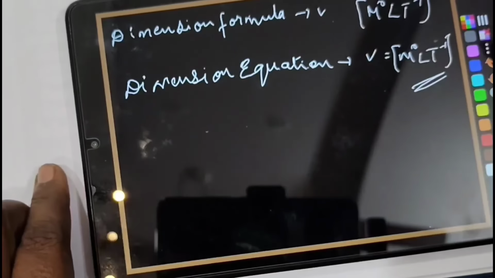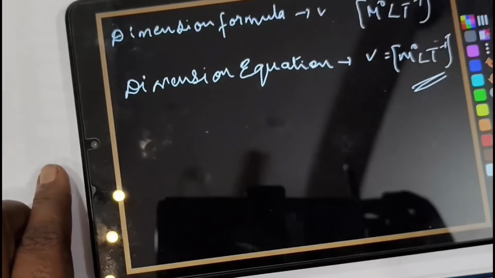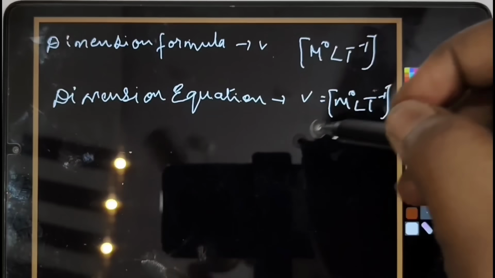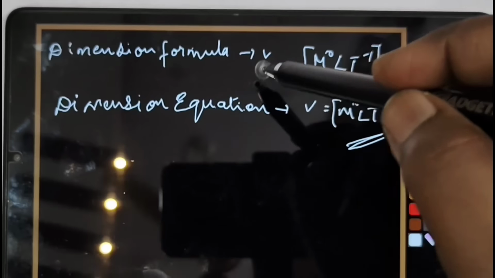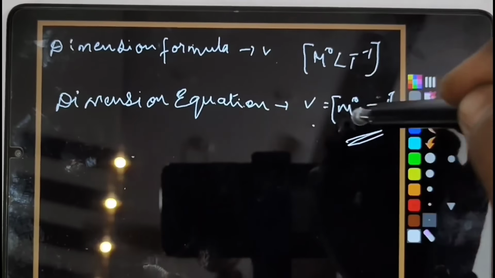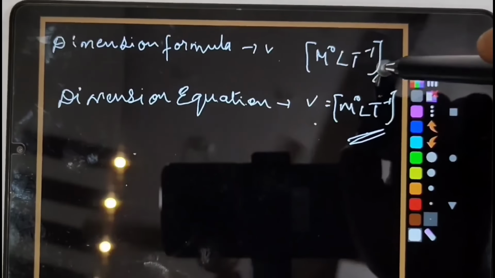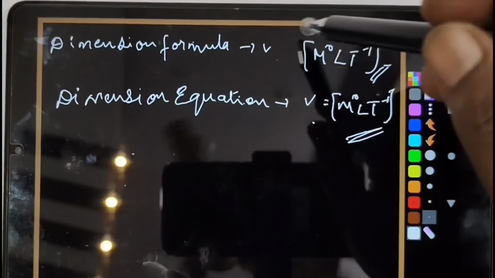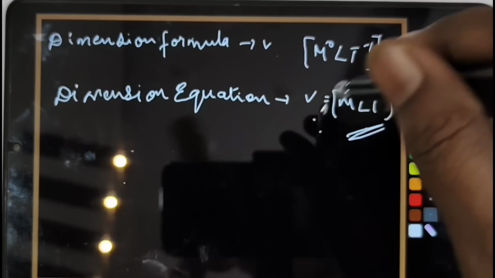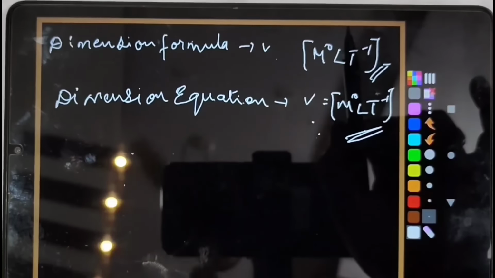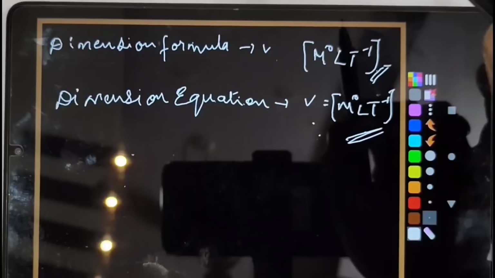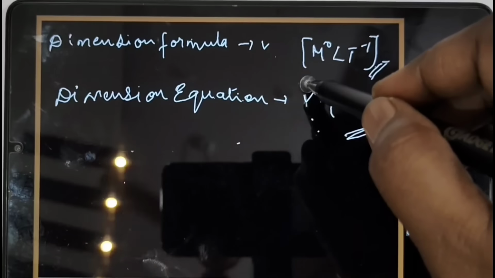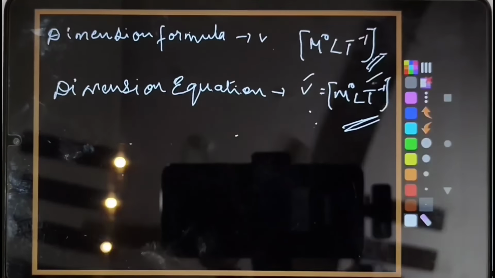So this is the equation. I hope you have understood the difference between a dimensional formula and a dimensional equation. For the formula, you just write the dimensions of the velocity, and for the equation, you have to write the LHS as well as the RHS.